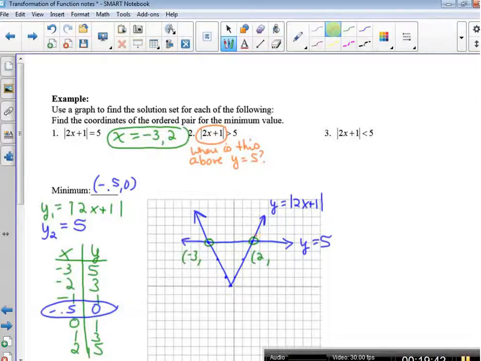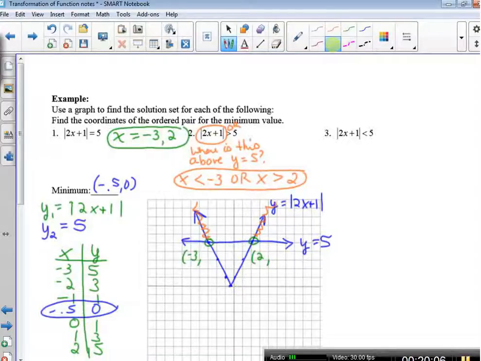Well, right here. So you can see they're kind of going in opposite directions. So it's an or, which makes sense. So the answer would be, using those intersections, x is less than negative 3, or x is greater than 2.